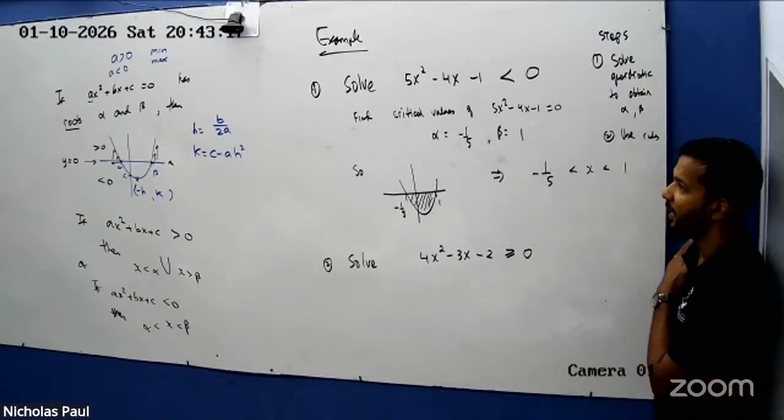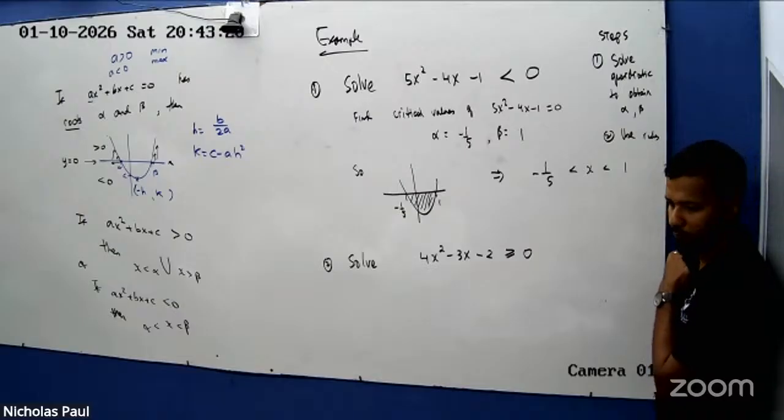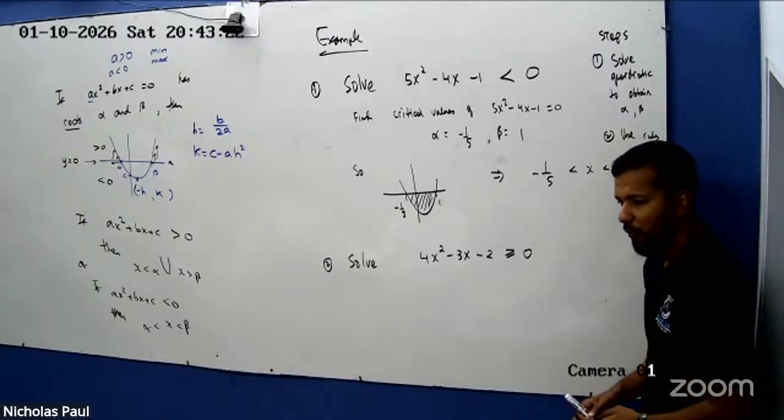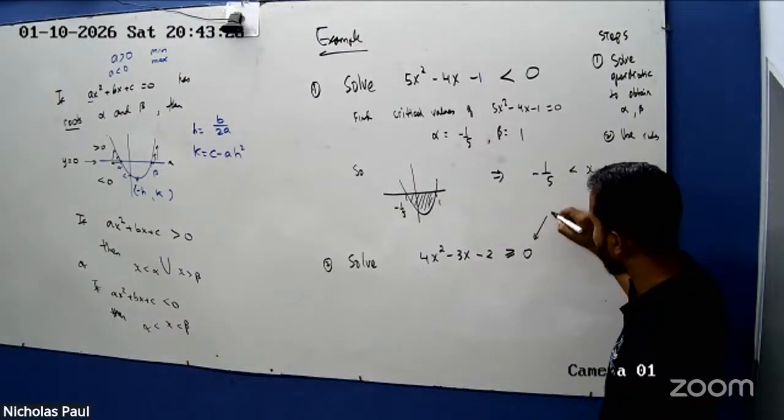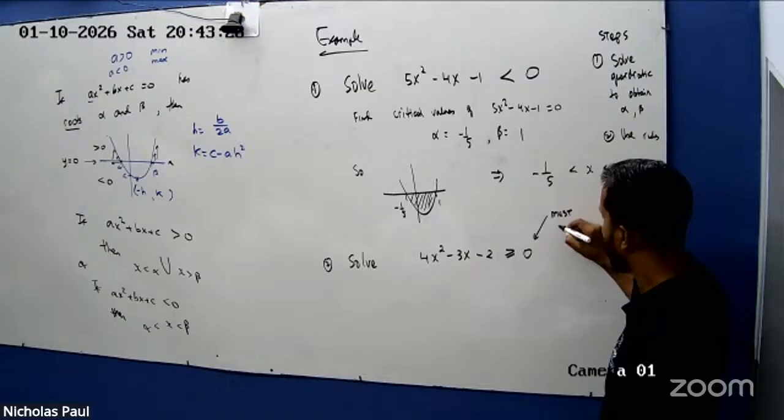If you get ugly values, that's okay. Just make a little note here that the right hand side must be 0.